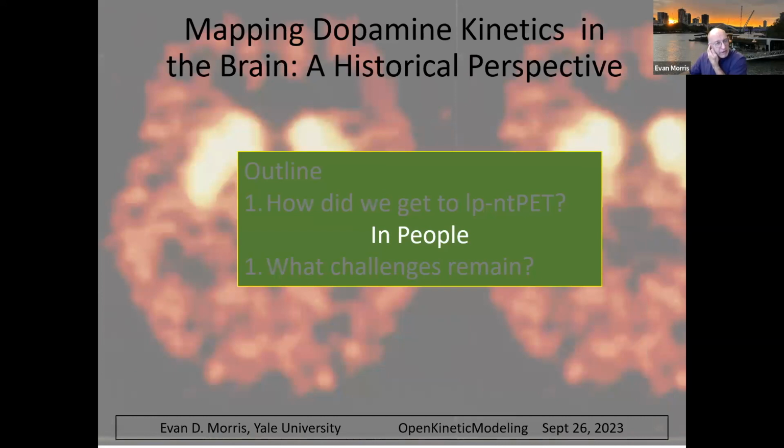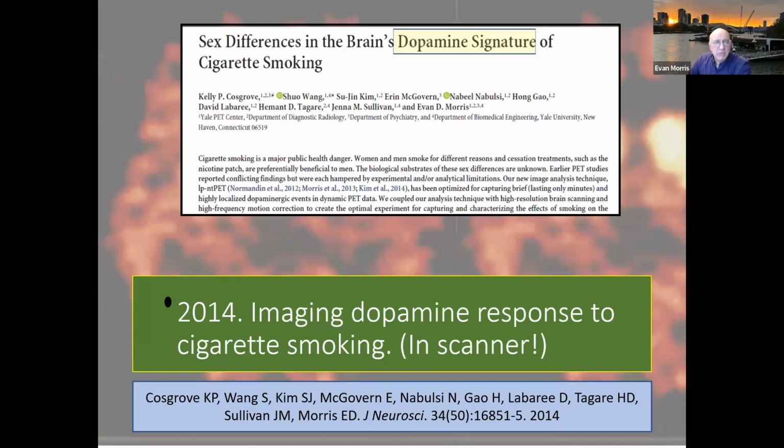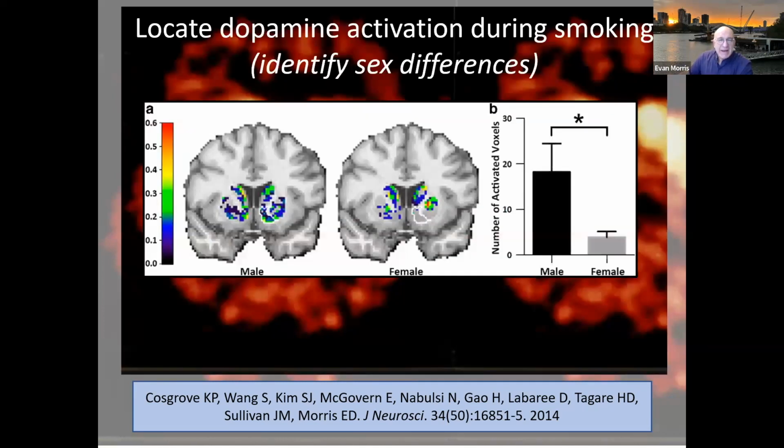Okay, we also used this model in people, and here's the most interesting thing we found was a sex difference. But the really cool thing is that we had people smoking cigarettes in the PET scanner. That's our drug delivery. And we're asking where and how much and for how long do smokers respond? Does their dopamine system respond?